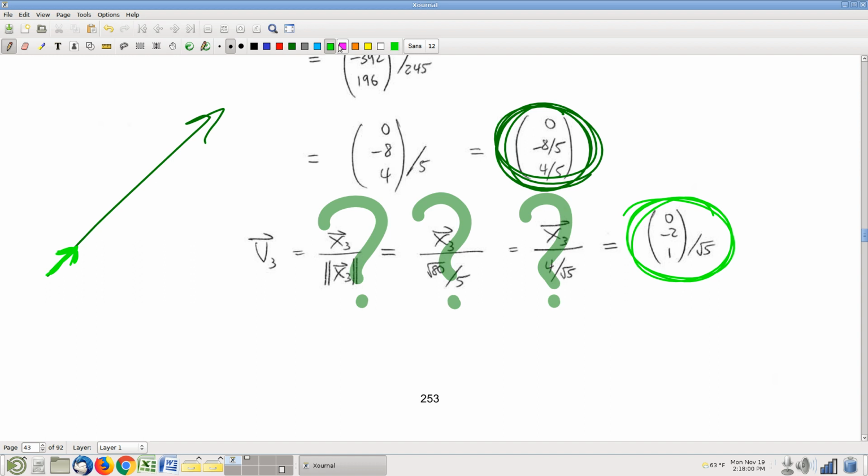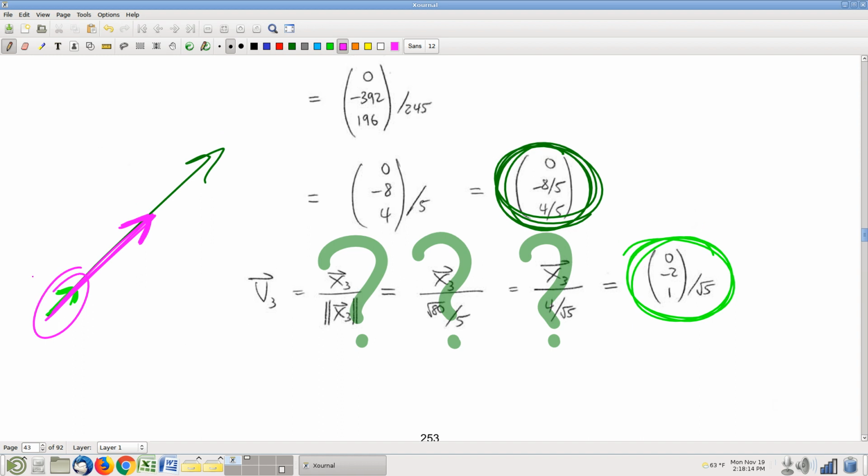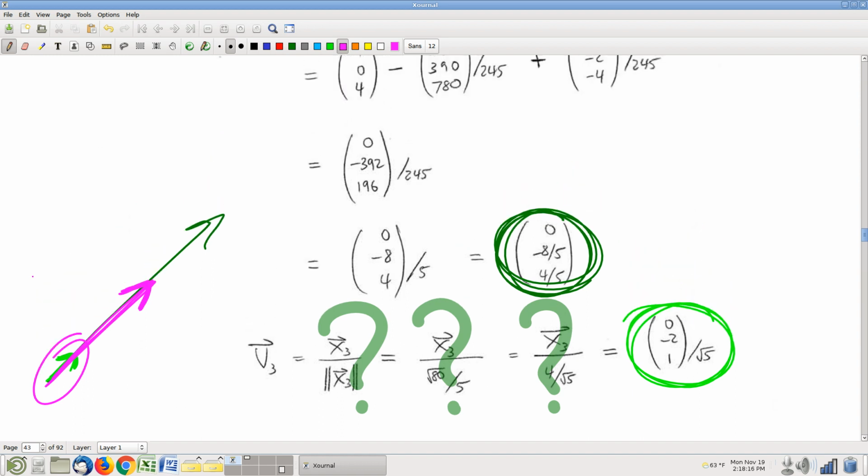But how about instead, notice that if I multiply my original vector by any scalar, any positive scalar, and then normalize, I'll get the same thing, right? There's nothing magic about that original vector. Scale it however you want by a positive factor.